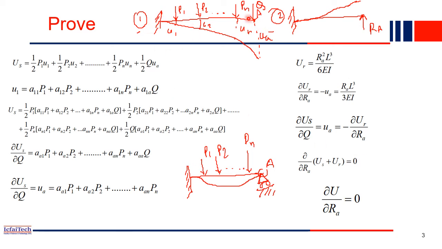But in the first diagram, because there is no support, there will be deflection. And similarly here also, there is no support, so the deflection will happen here due to RA. Whatever deflection you computed, UA. But in the real beam, the deflection at this point is zero. So whatever displacement we got from figure one, plus whatever displacement we got from this figure, if you add both, it should be zero, because in our original beam there is no displacement.